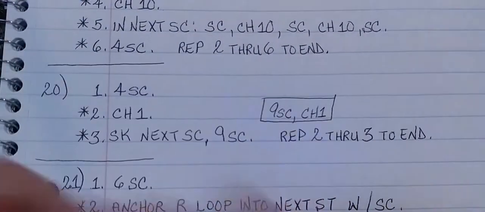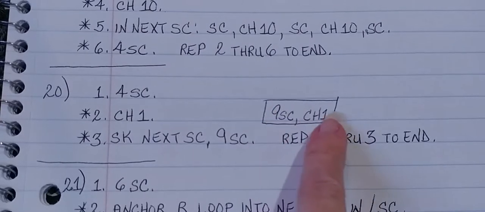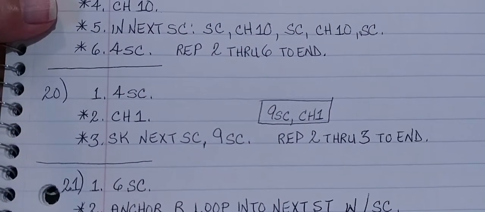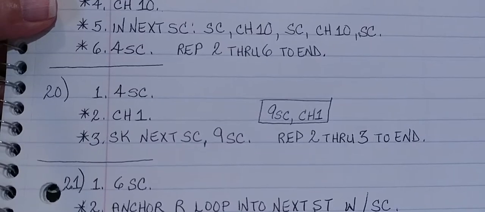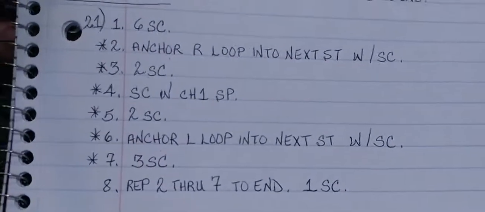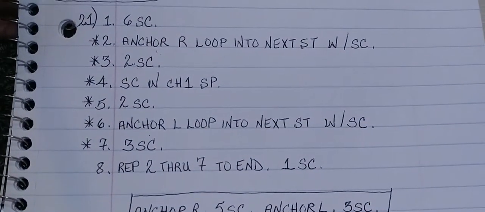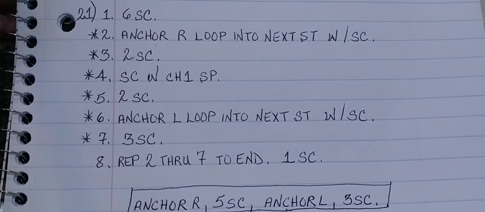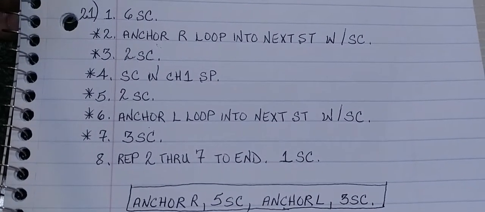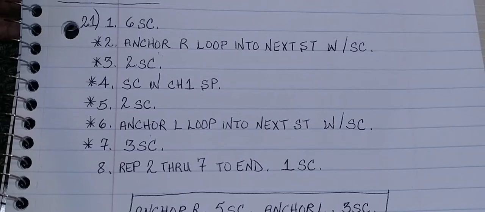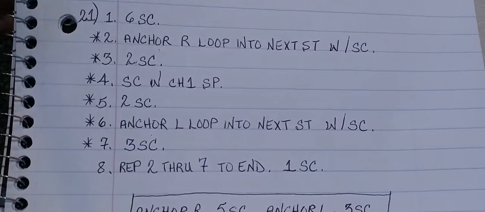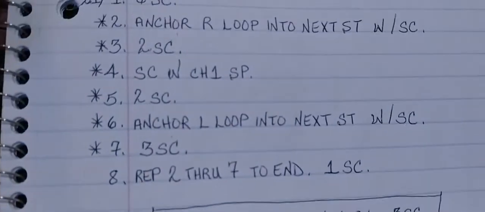And what I have in the little squares right here, they're just shorthand of the repeats, I guess. Okay, and there is row 21. Alrighty, let's get started.